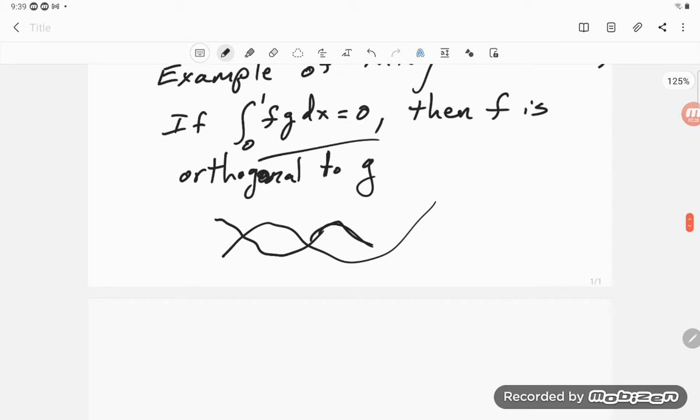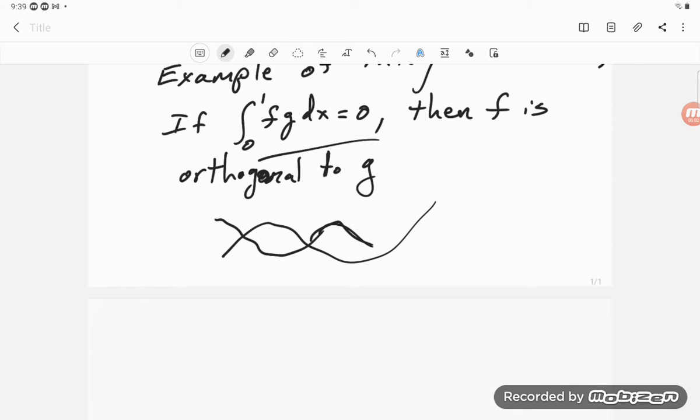Certainly I could get two functions that I multiply together and get an answer of 0 for their integral from 0 to 1. And they wouldn't be perpendicular to each other, but we would call them orthogonal. So orthogonal in the Rn space is basically perpendicular, except for the idea that the 0 vector is also orthogonal to all vectors.